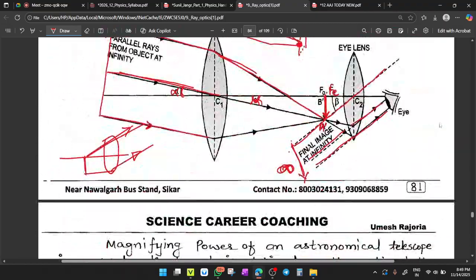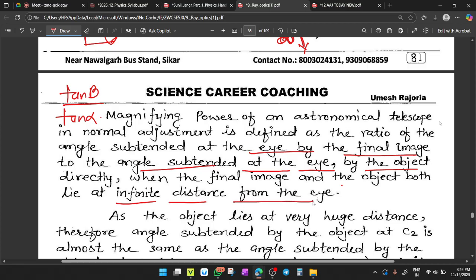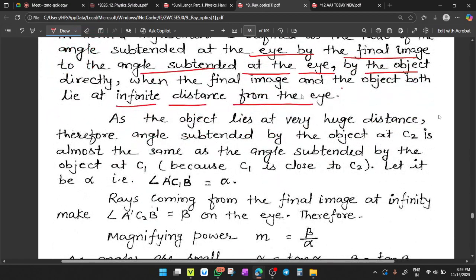Magnifying power of an astronomical telescope in normal adjustment is defined as the ratio of the angle subtended at the eye by the final image to the angle subtended at the eye by the object, that is, tan beta upon tan alpha. Here the final image and the object both lie at infinite distance from the eye.